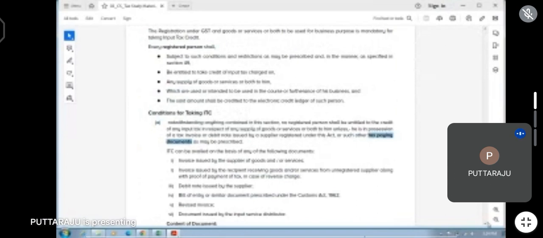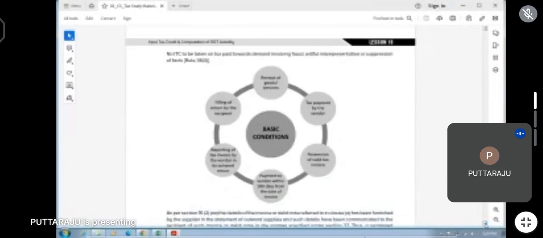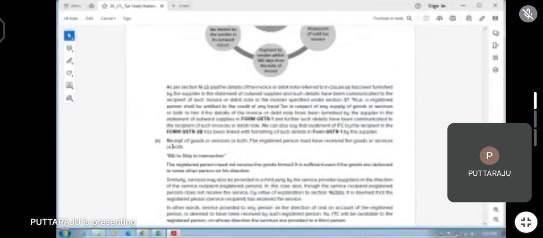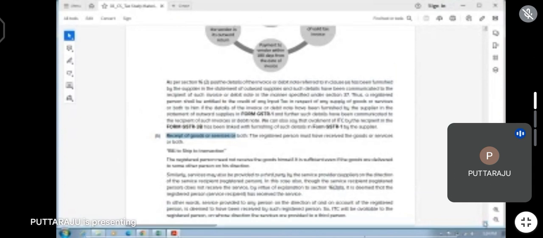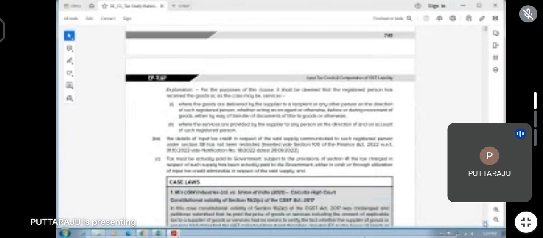First one is the document. Second one, B, receipt of goods or services. You should have received the goods or services, or both.